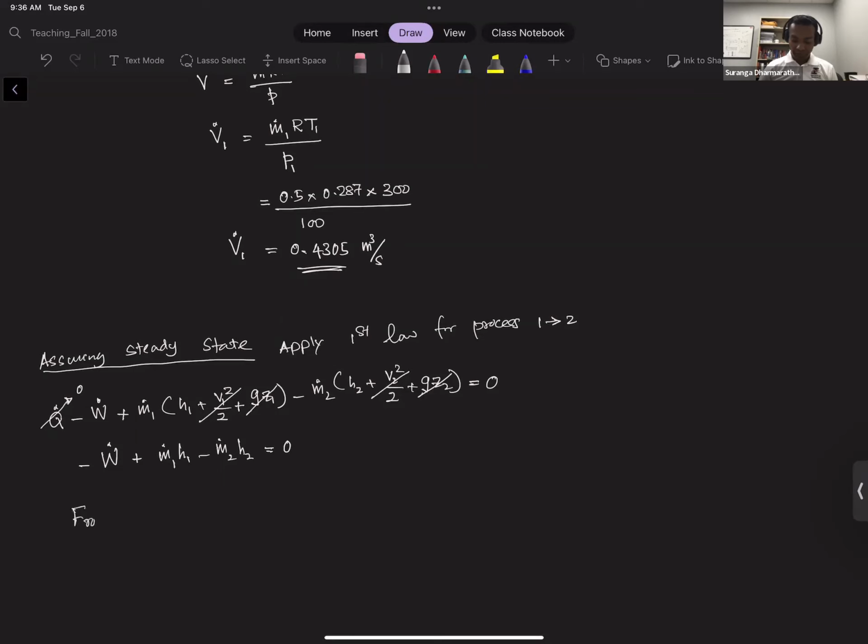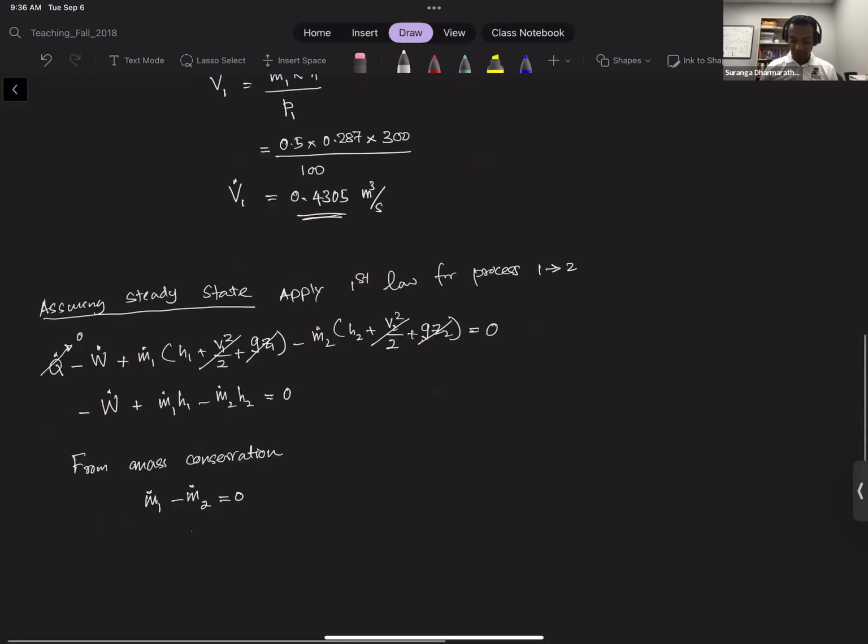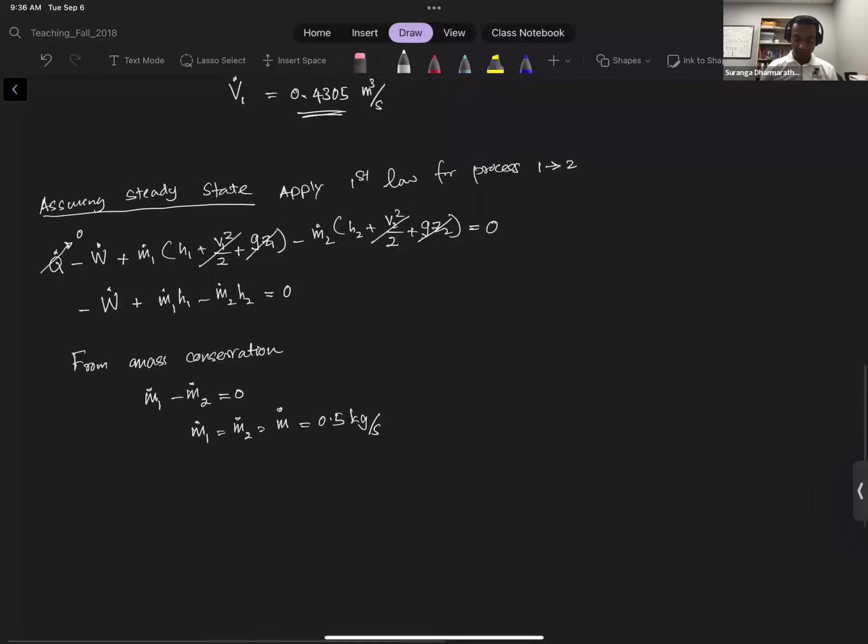From mass conservation, m dot 1 minus m dot 2 equals 0 because it's steady state. That gives m dot 1 equals m dot 2 equals m dot, which is 0.5 kilograms per second. Now I'm going to substitute that into this equation, let's say equation 3, and this is equation 4.